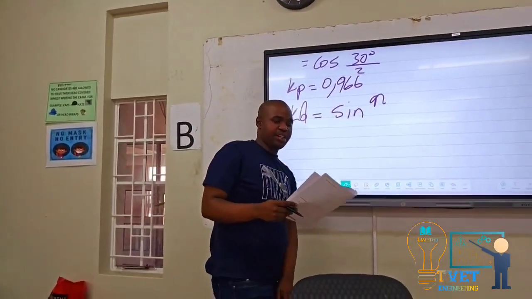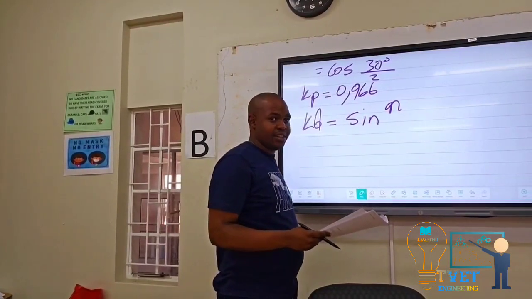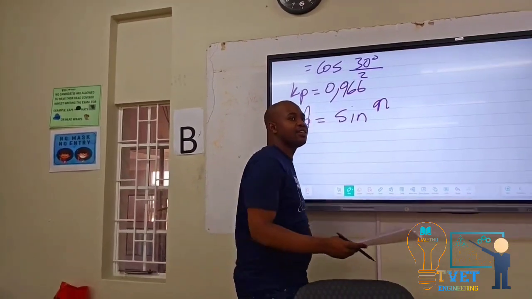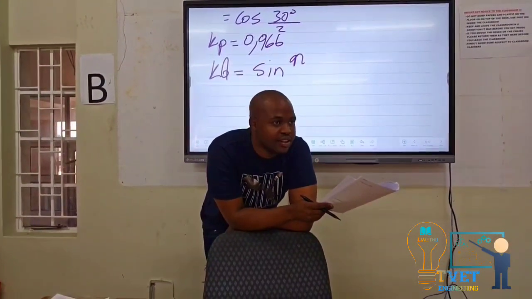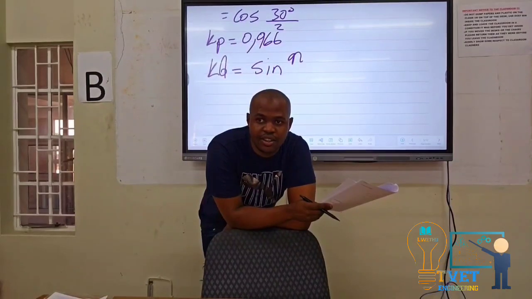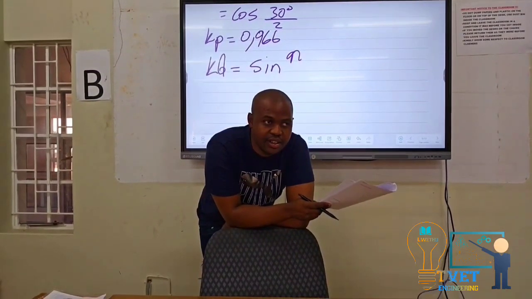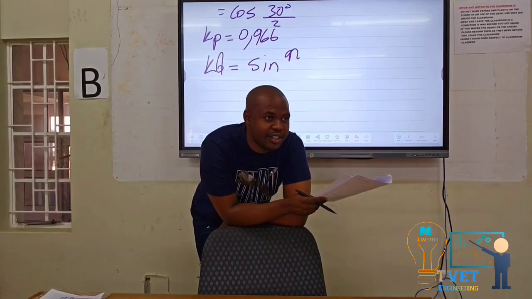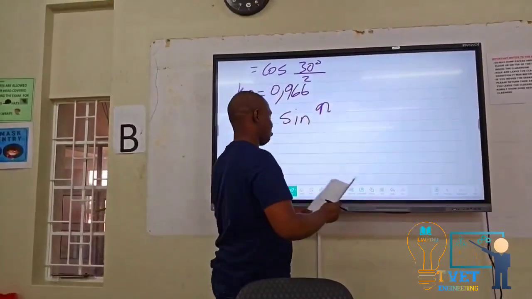Mu is the number of slots per pole per phase.